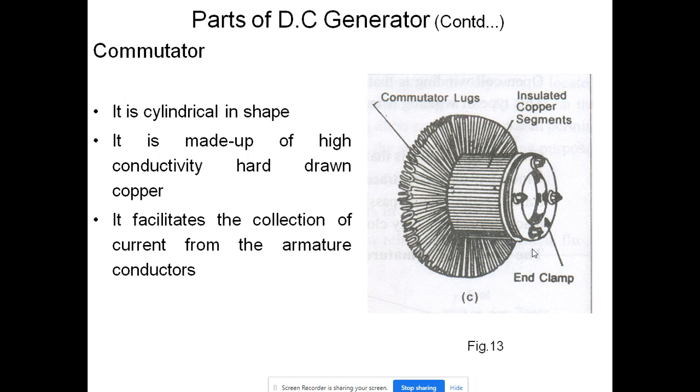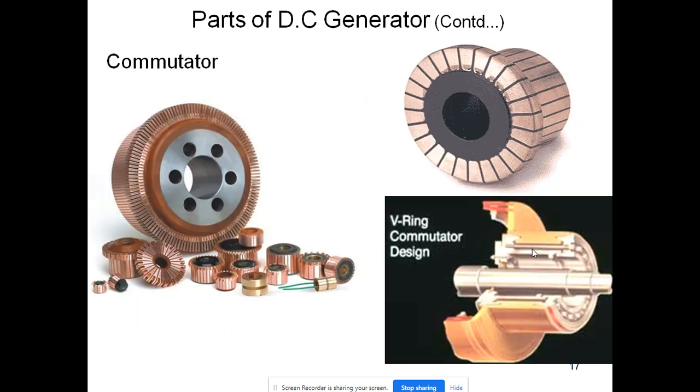Mainly this commutator is used to collect the current from the armature conductors, and it also converts the current which is generated, that is AC, alternating in nature, to DC, that is direct current. We can see the various diagrams of commutators.